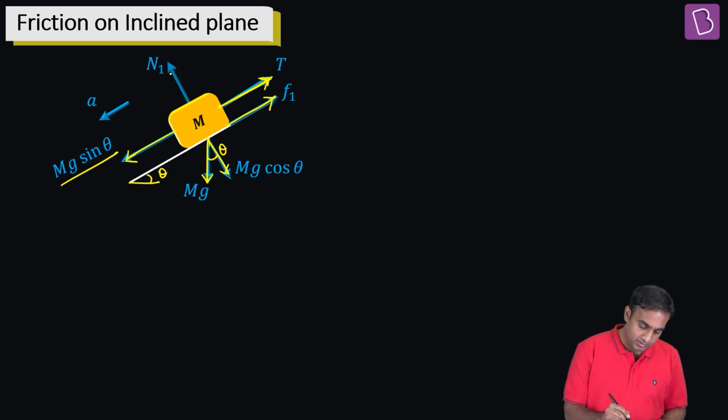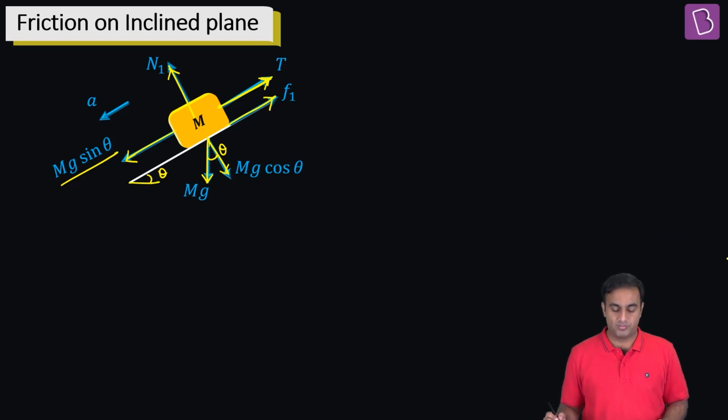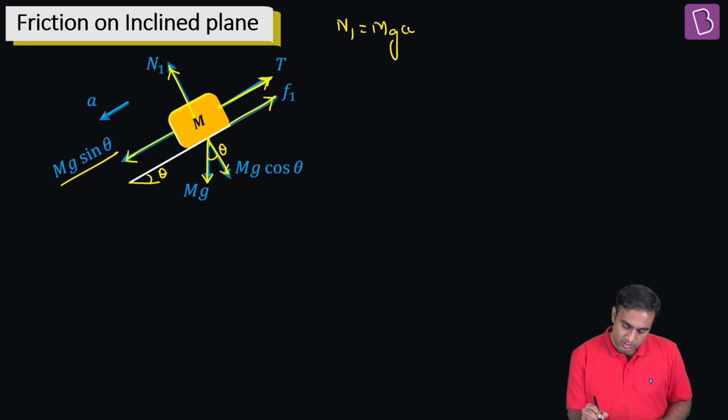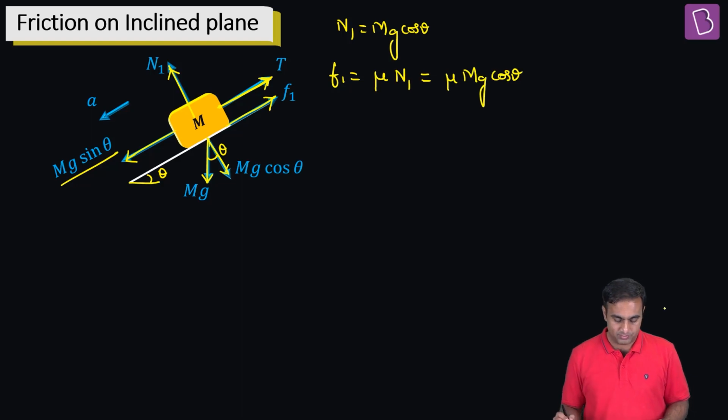The normal reaction will be perpendicular to the inclined plane like this, which is N1. What is N1? It is capital M g cos theta. What is F1? The friction will be mu times N1 or mu times Mg cos theta.